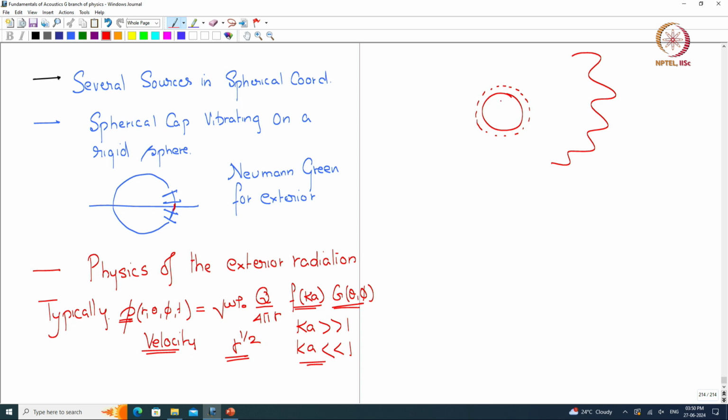If Ka becomes small, then the field starts to become more and more uniform, like a monopole. Okay, and these oscillations are due to interference, and as Ka goes up, the pressure amplitude goes up.